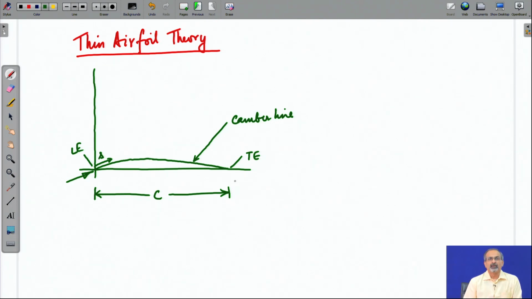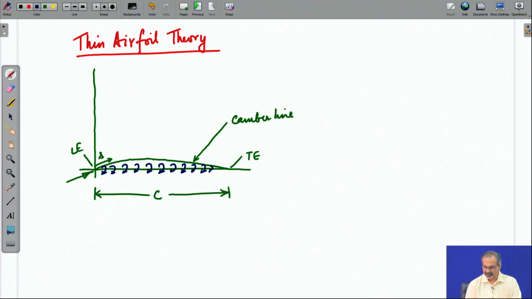and then as we were discussing the vortex sheet, we said that we would like to deploy the vortex sheet along the camber line, but then if the camber is not very significant, and of course, that the airfoil is very, very thin, in the given situation, if you look at the airfoil from a distance, you will have a feeling that the vortex distribution that you have in the form of a sheet can, instead of being located along the camber line, be as well located along the chord line.